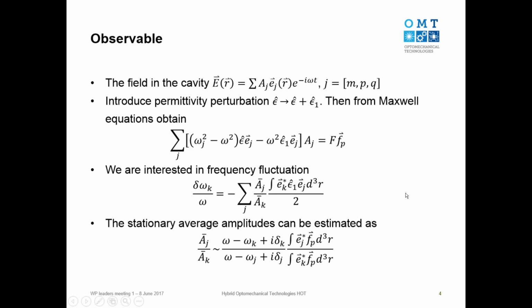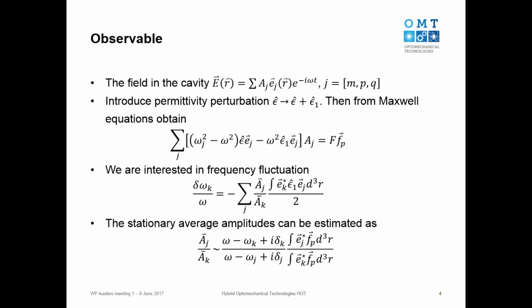So what is next? We'll discuss our observable. Our observable is apparently the frequency of the cavity. To get insight on this observable, we express our field as the following. It is, of course, some oscillations, and here G, the mode number, is formed from the three numbers related to the Whispering Gallery modes: azimuthal number, vertical number, and radial number.